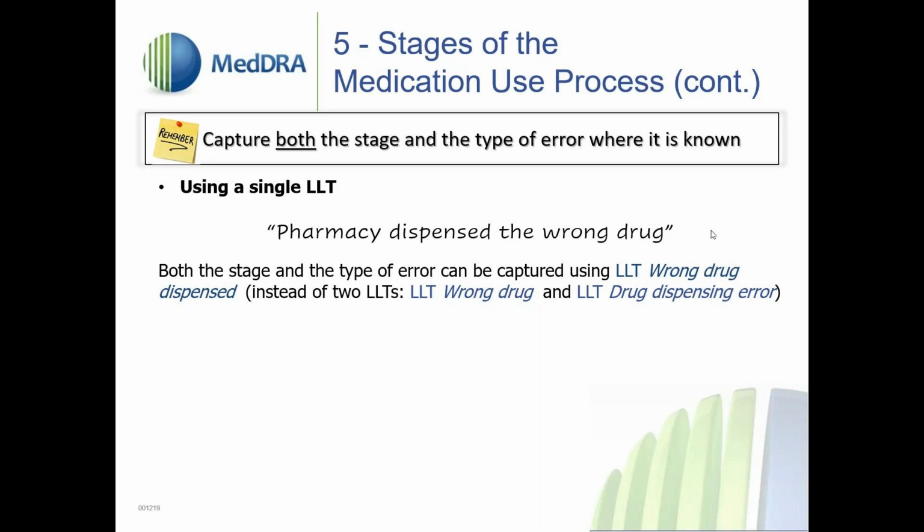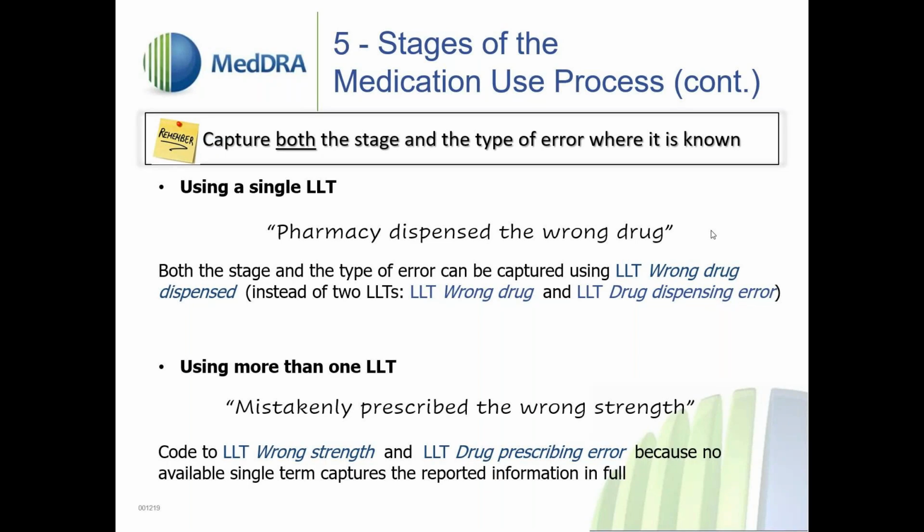There is no need to assign two codes like LLT wrong drug and LLT drug dispensing error. This is an example for what I have mentioned before. Only use split coding when there is no single LLT which captures all of the reported information. Do not split code if splitting does not provide relevant additional information.